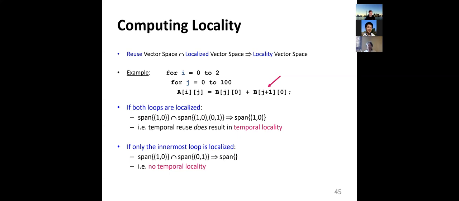I specifically kept this lecture focused on arrays because that's the simplest data structure we can deal with in the compiler. Next lecture, we're going to talk about prefetching and look at dynamically linked data structures such as linked lists or trees.